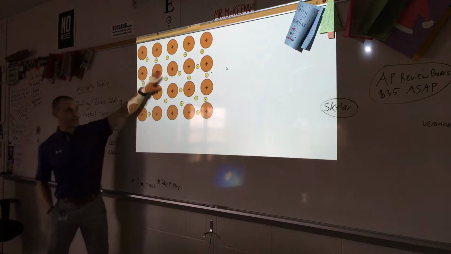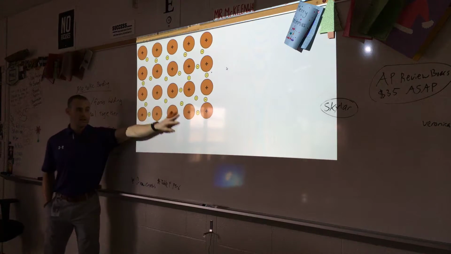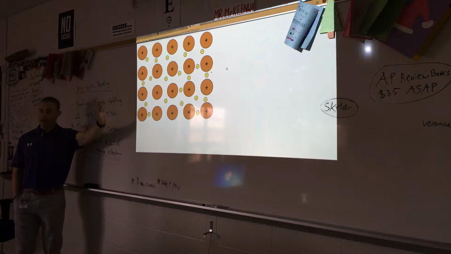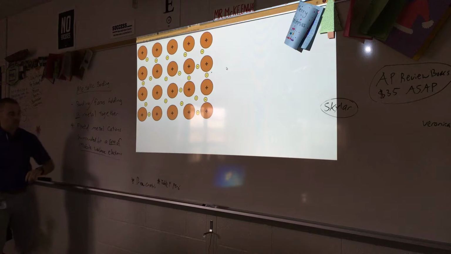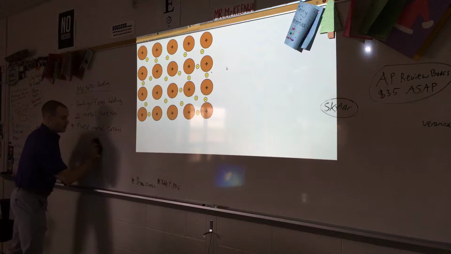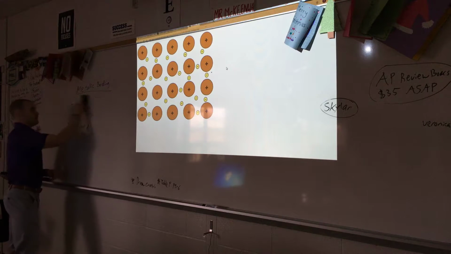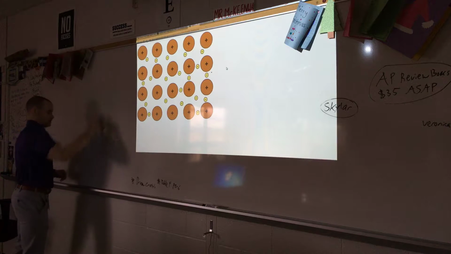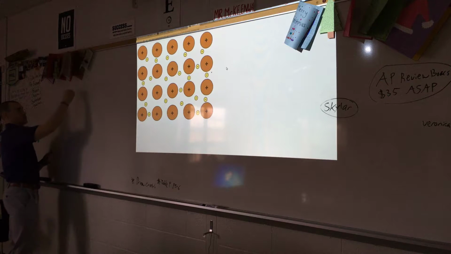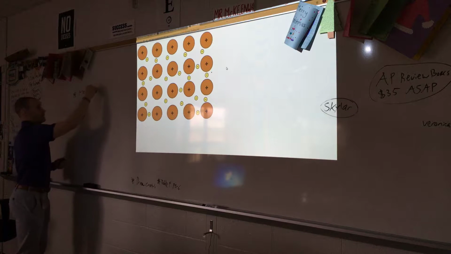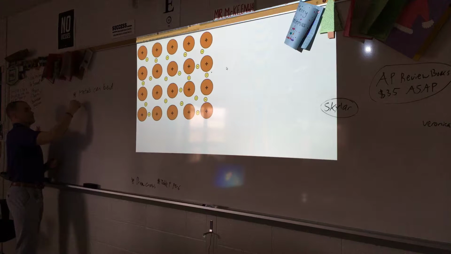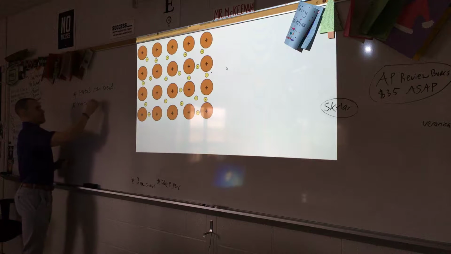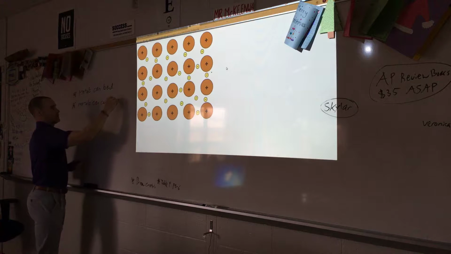But because the electrons are moving, it can bend and it can conduct electricity. We're going to write that next. Because there's movement inside the metal, due to that sea of electrons, metals can bend, metals can conduct electricity.